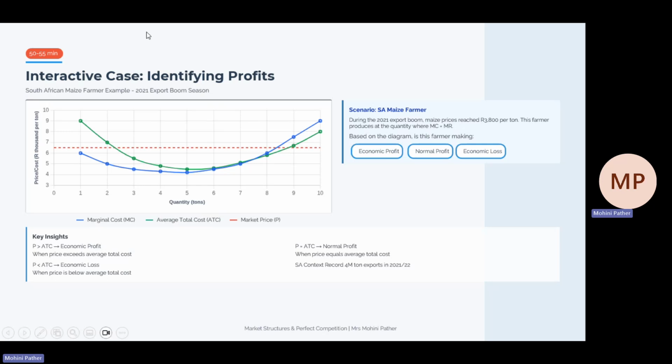Okay, so it's specifically maize farmers. So what did they experience in the scenario during the 2021 export boom? Maize prices reached 3,800 per ton. So this farmer produces at the quantity where marginal cost equals marginal revenue. So based on this diagram, is the farmer making an economic profit, a normal profit, or an economic loss?